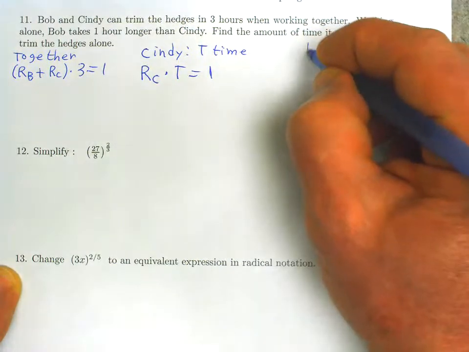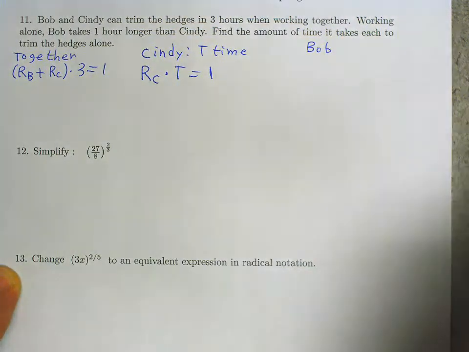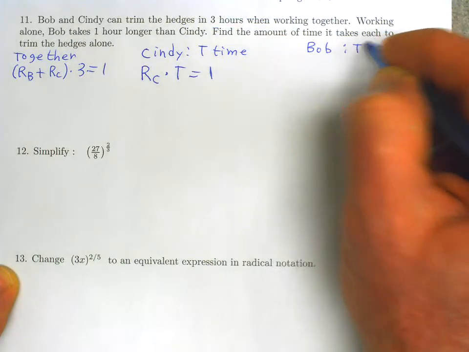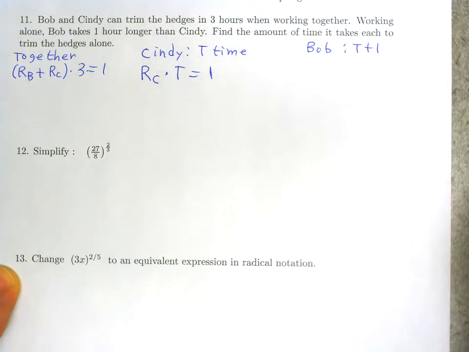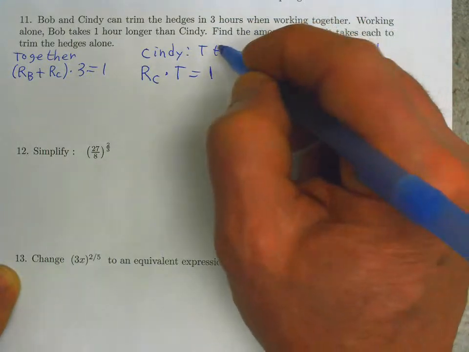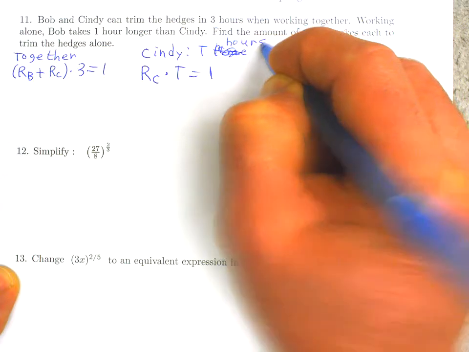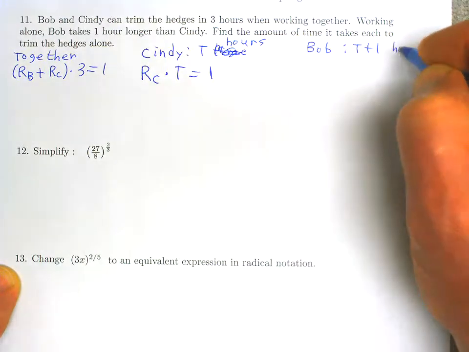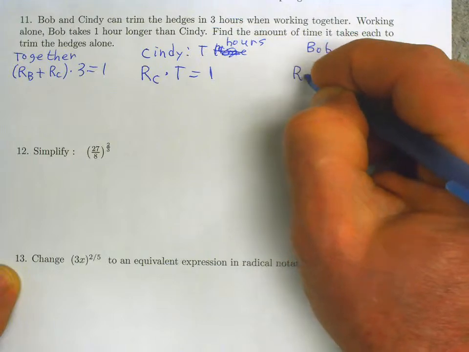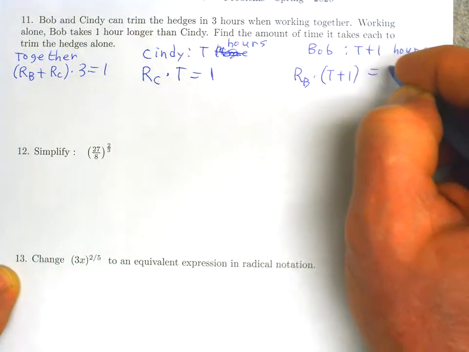And then for Bob, we're told that Bob takes 1 hour longer than Cindy, so Bob takes t plus 1 hours. So maybe I should have labeled this t hours for Cindy and t plus 1 hours for Bob. Those are the times. Okay, so Bob's rate times t plus 1 hours equals 1.